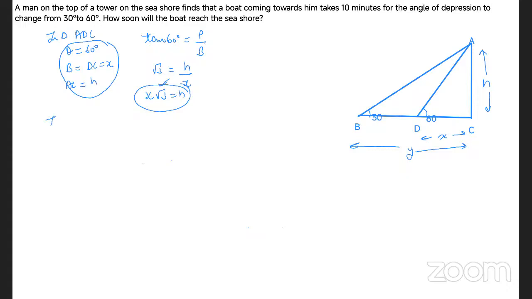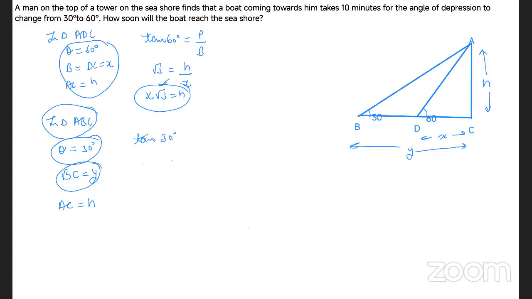Now in the big triangle, triangle ABC, theta is 30 degrees. The base is BC, which I'm taking as Y, and the height is the same as AC, which is H. So tan 30 degrees equals perpendicular upon base.